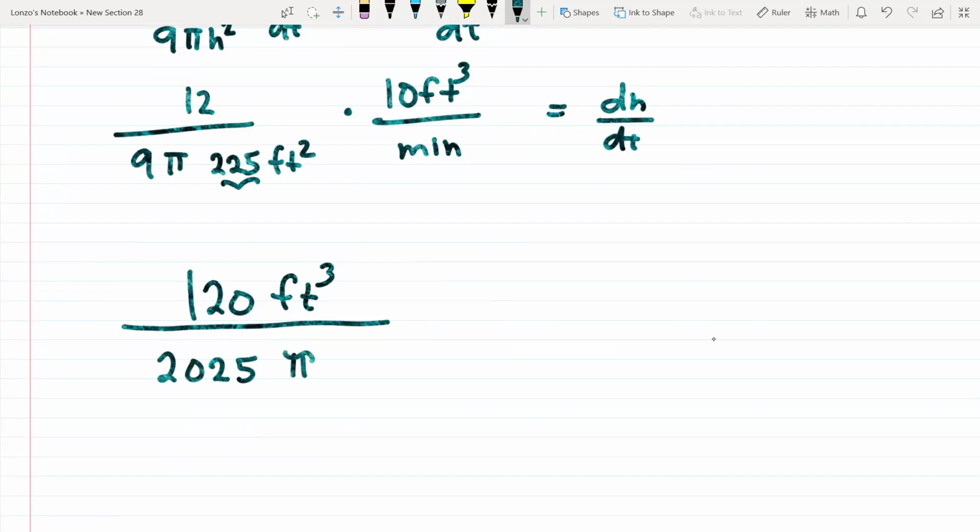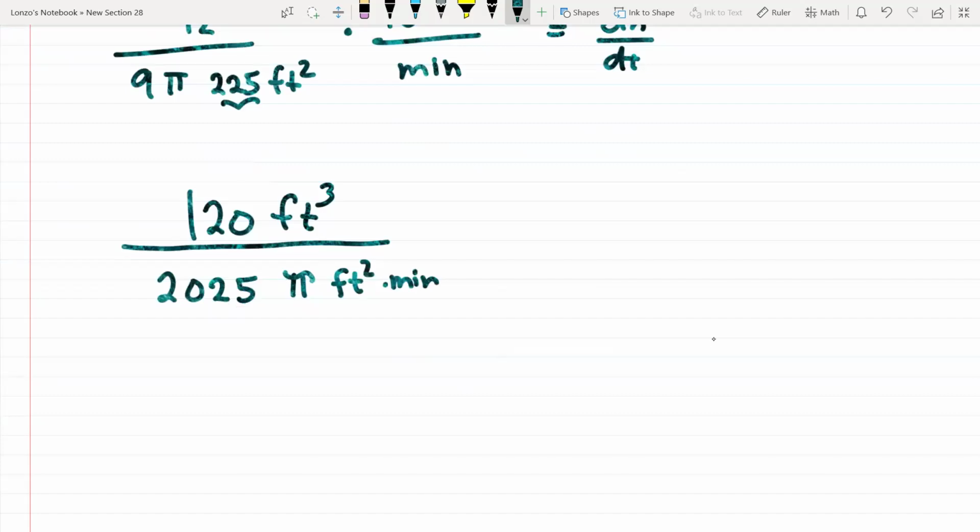And then on the top, it was feet cubed. And then on the bottom, we had feet squared. And then we also had the minutes on the bottom, right? 120 and 225 can be reduced. It would be 40 over 225.